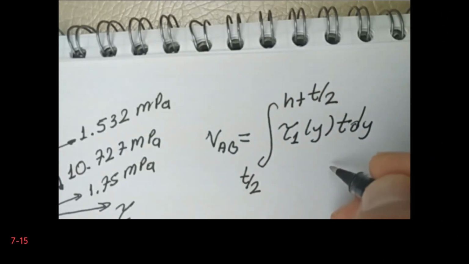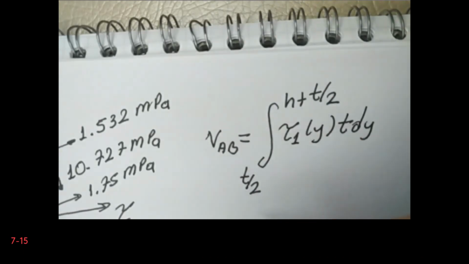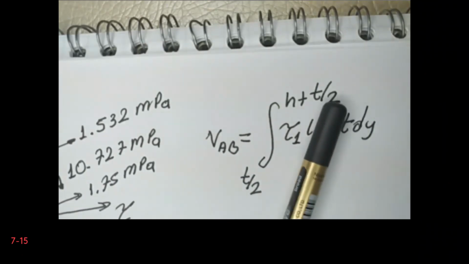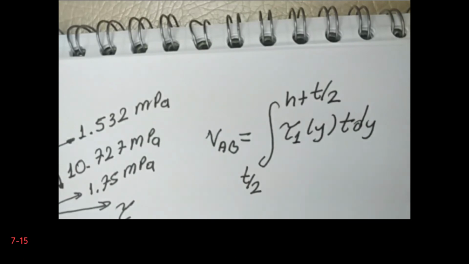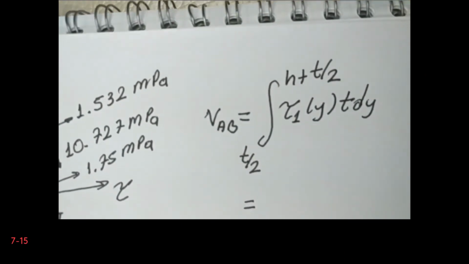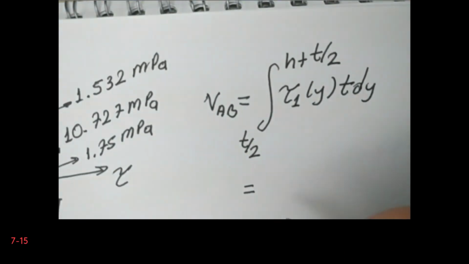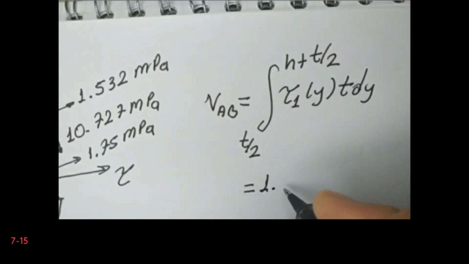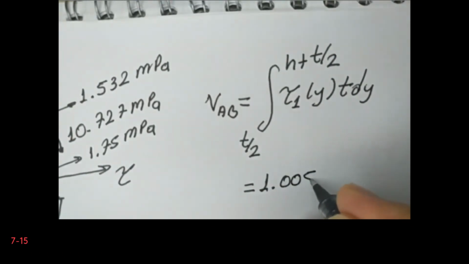So if you do the integration, what you are going to get is .005 megapascals.